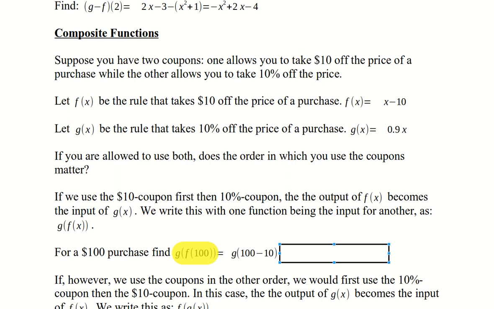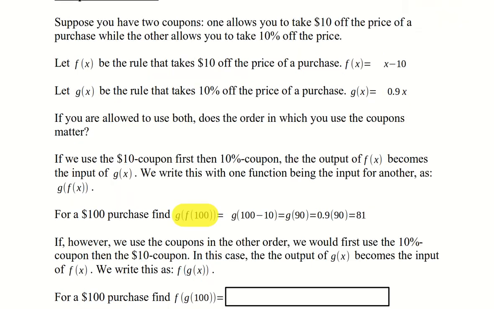We haven't done g yet. We're working from inside out. Of course, 100 minus 10 is 90. So we're taking g of 90. And when we do that, we're going to be multiplying 90 by 0.9. We pay the 90% that isn't covered by the coupon. And that means that we're paying $81.